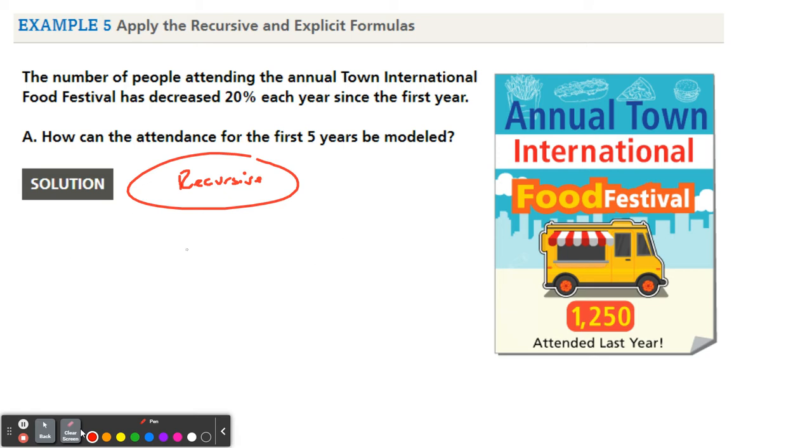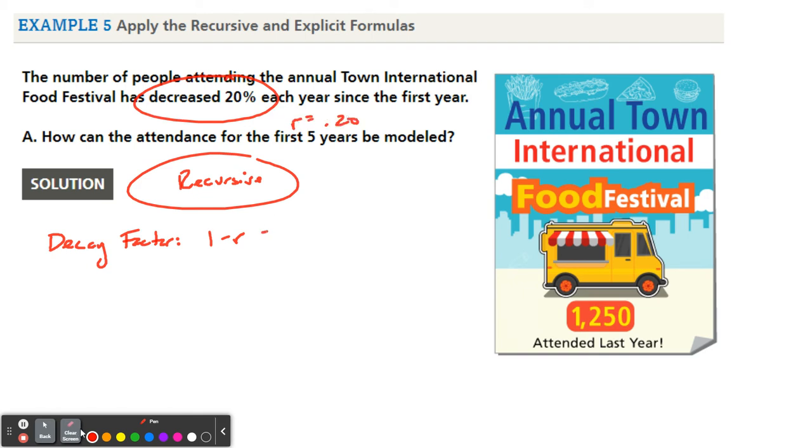Now we have to go back to this idea of decay, if you remember. If we are decreasing by 20%, if you remember that decay factor from, I think, lesson 6.2, it was 1 minus r, and remember r was the rate that you're decreasing at. Well, decrease 20% means your r is 0.20.